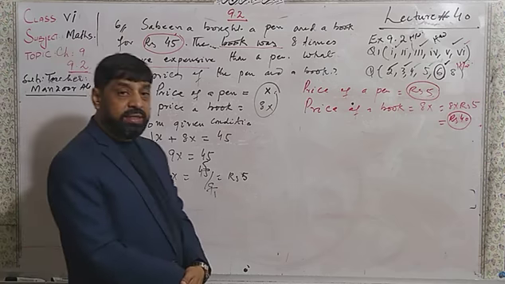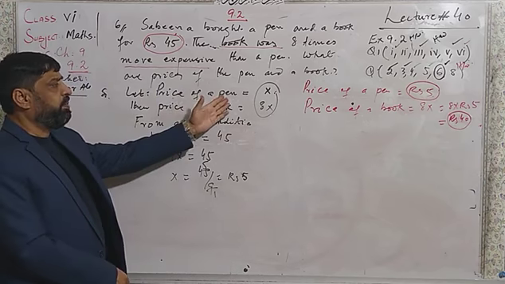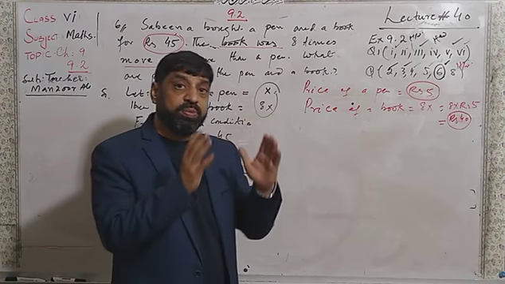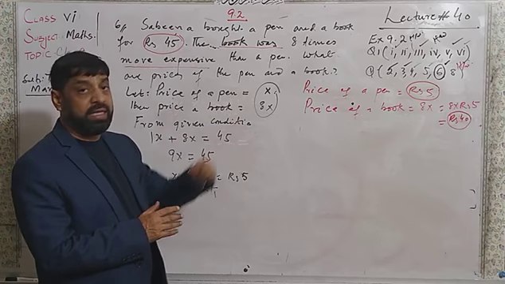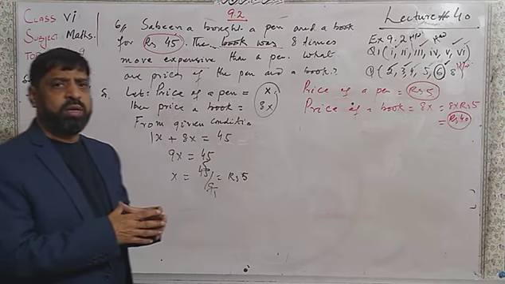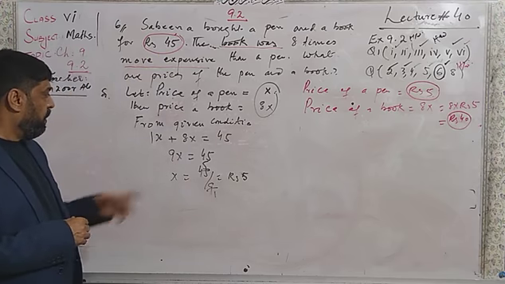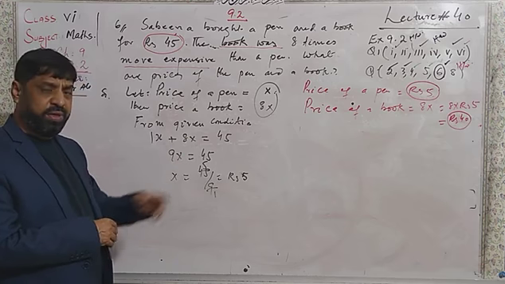What are the prices of the pen and the book? Let's suppose the price of the pen is x, then the book is 8 times more expensive, so its price will be 8x. The sum of both amounts is exactly 45. Now 1 and 8 make 9x equal to 45.